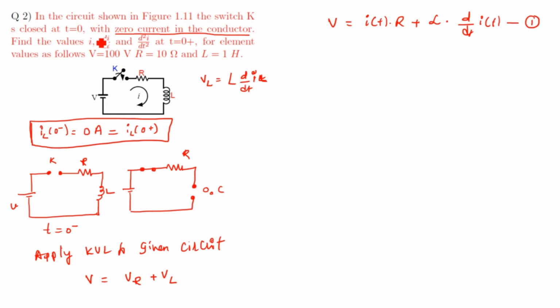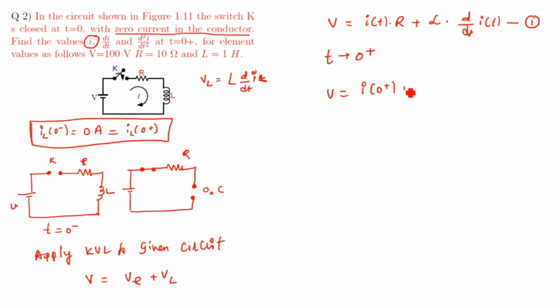Already we have calculated this first thing. What is that? It is 0 amperes. That is already calculated as 0 amperes. Now we need to calculate the first differentiation of the current at t equals 0 plus. Substitute the values. Before substituting, replace t by 0 plus. What will we get?